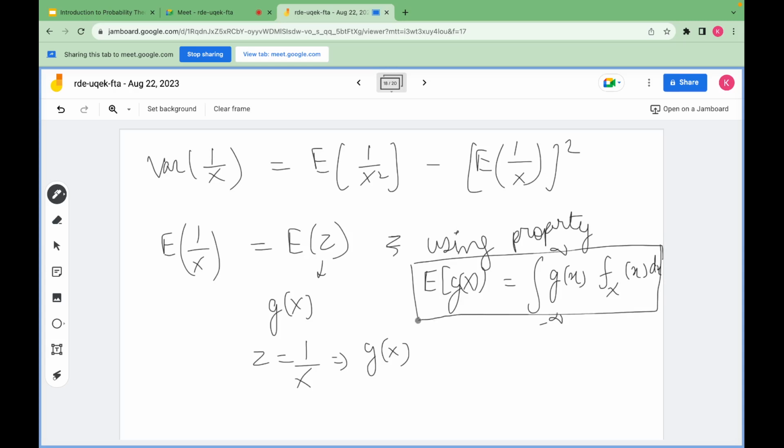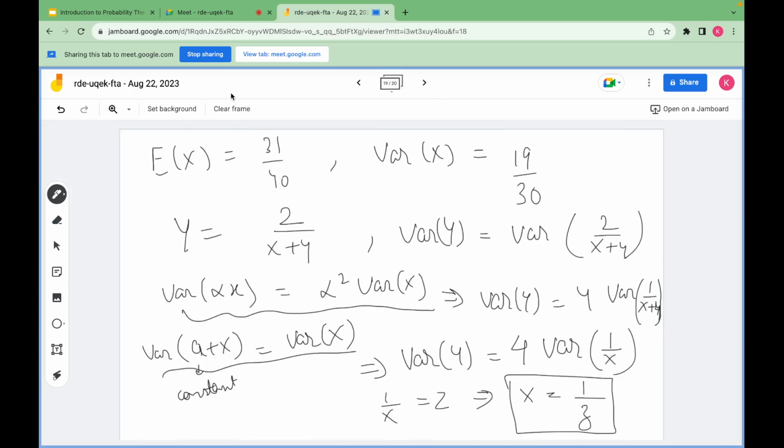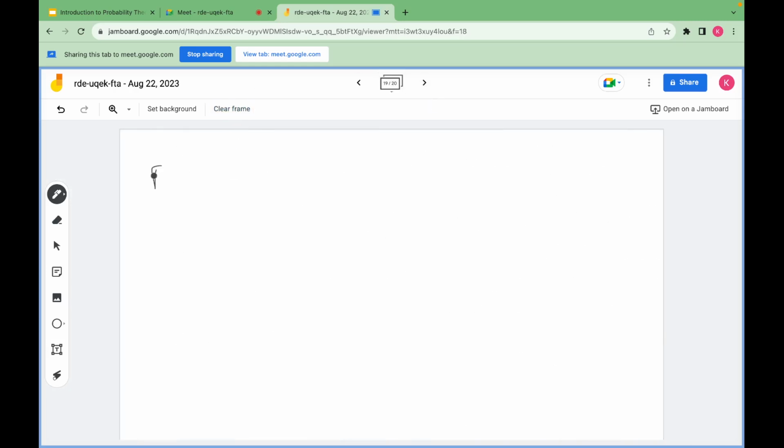This is the Lotus property. So this g function is 1 by x, g of x is 1 by x. So expectation of 1 by x becomes the integral of 1 by x into f x dx from minus infinity to infinity.